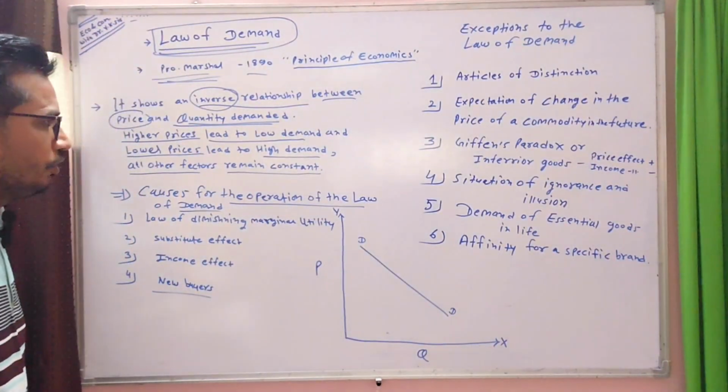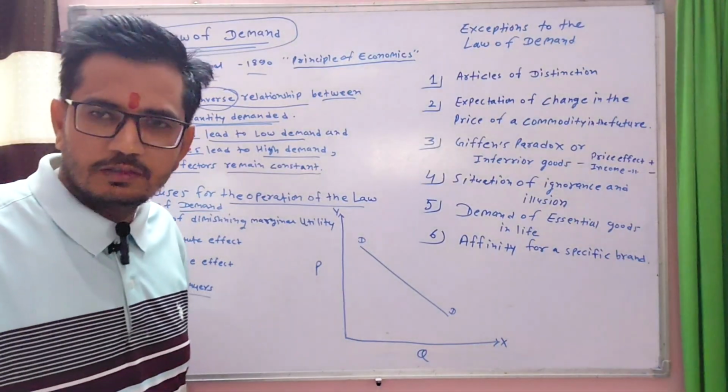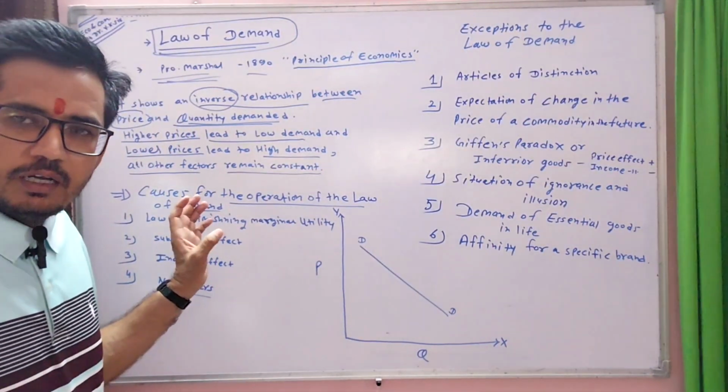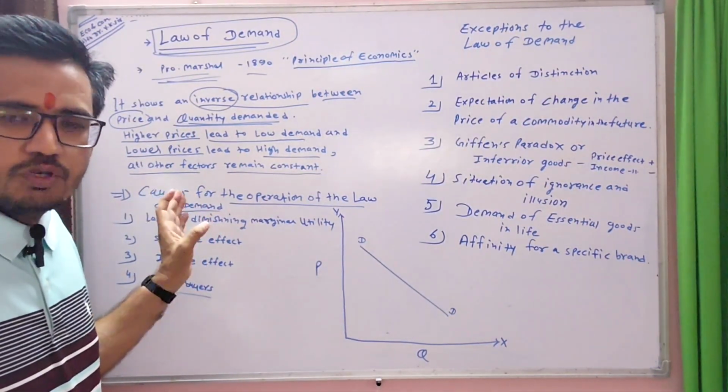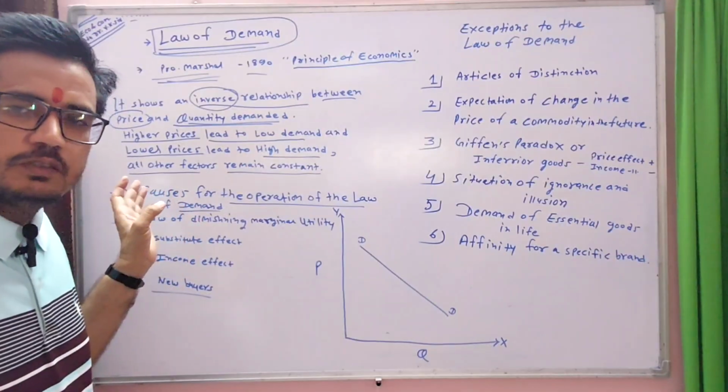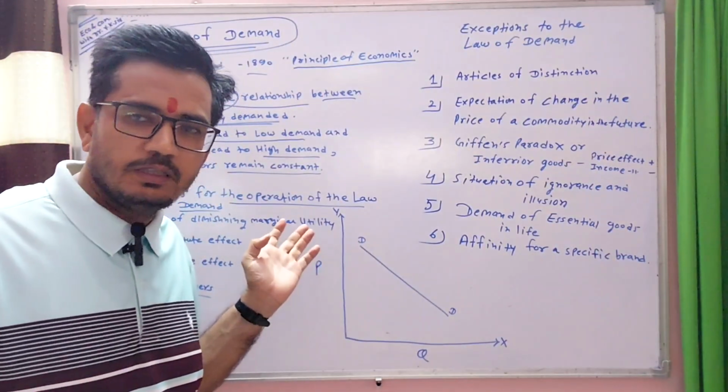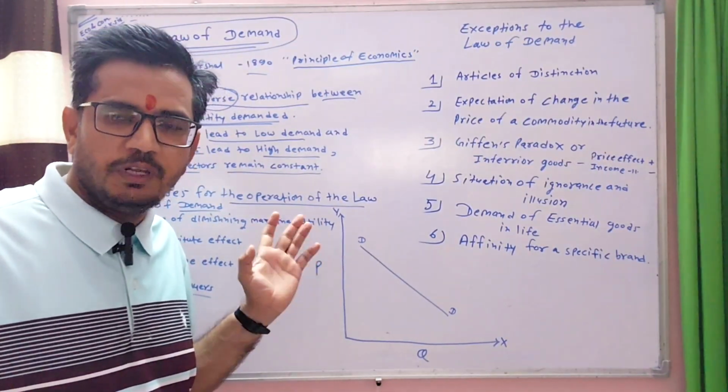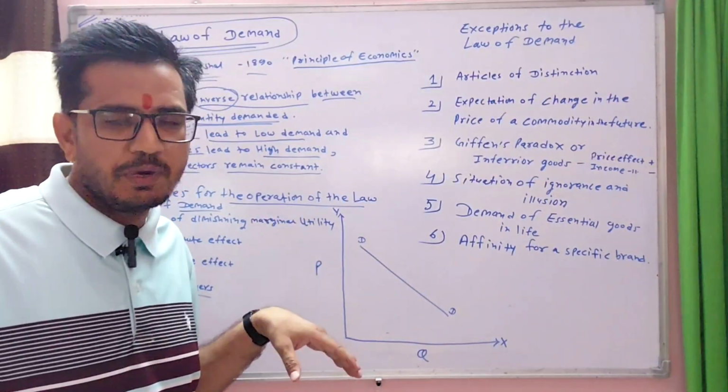So you understood what is the law of demand. Law of demand shows a relationship between price and quantity demanded. There is a negative relationship between price and quantity demanded.